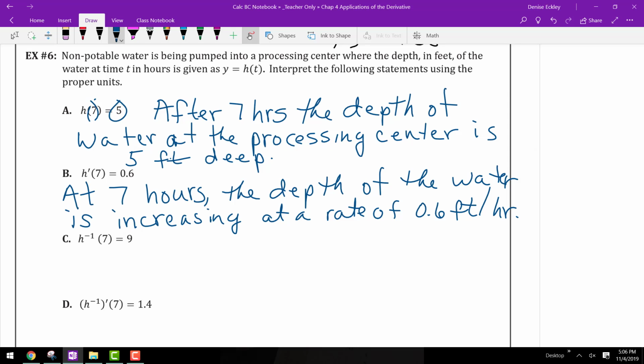Okay, next we have the inverse. So now you want to remember we're reading this backwards. The 9 is going to represent the time, and the 7 is going to represent the depth.